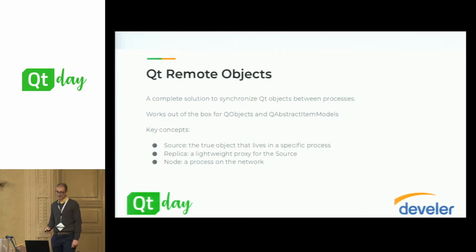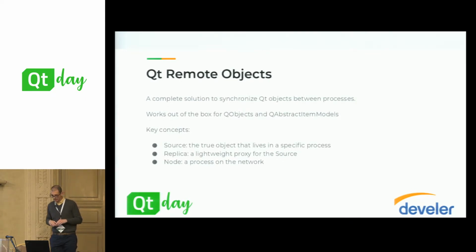A replica is simply a lightweight proxy for a source. Replicas are used on client processes that want to acquire the source object, and they handle the communication between the host and the client.